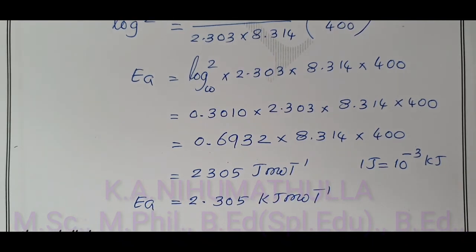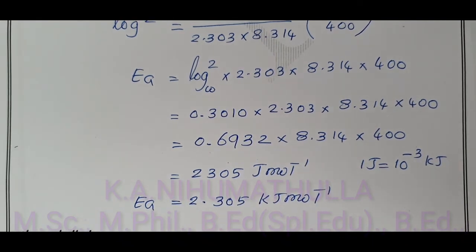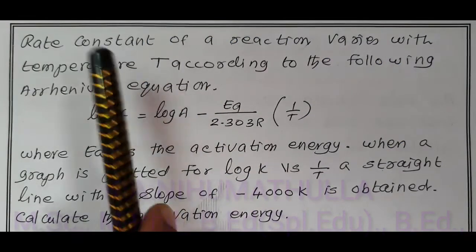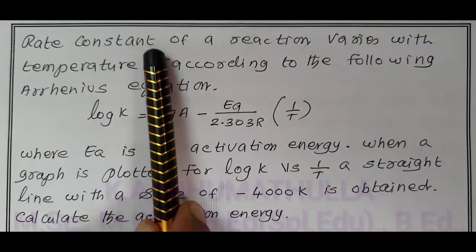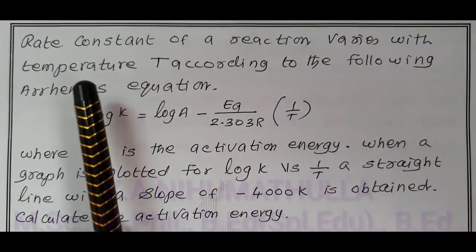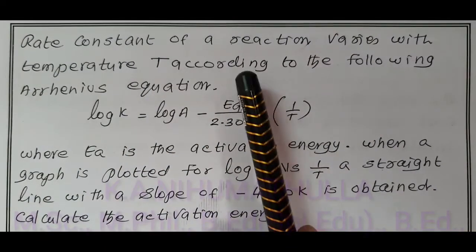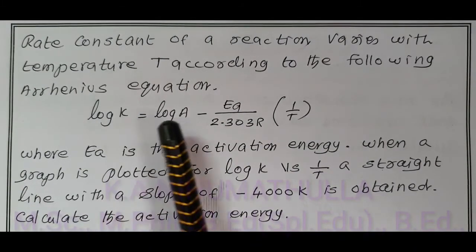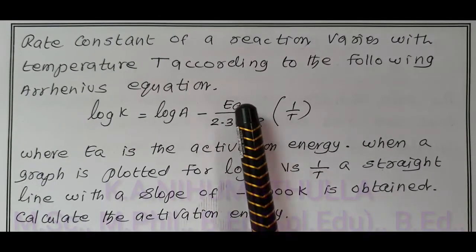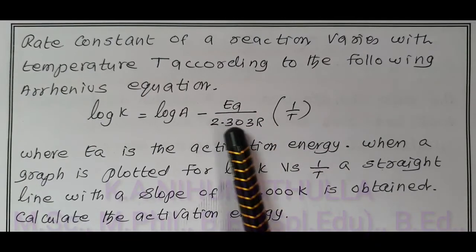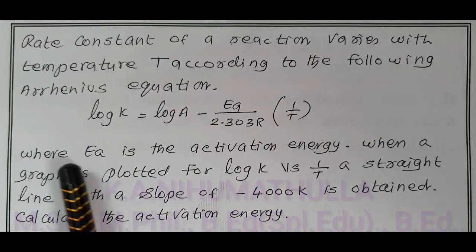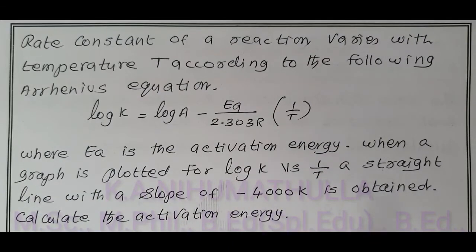We have calculated it. One more problem in this video we are going to discuss. The next problem: the rate constant of a reaction varies with the temperature T according to the following Arrhenius equation, log K equal to log A minus Ea by 2.303 R into 1 by T, where Ea is the energy of activation.